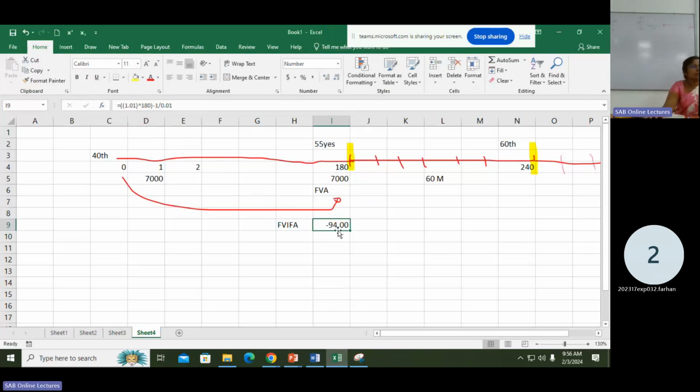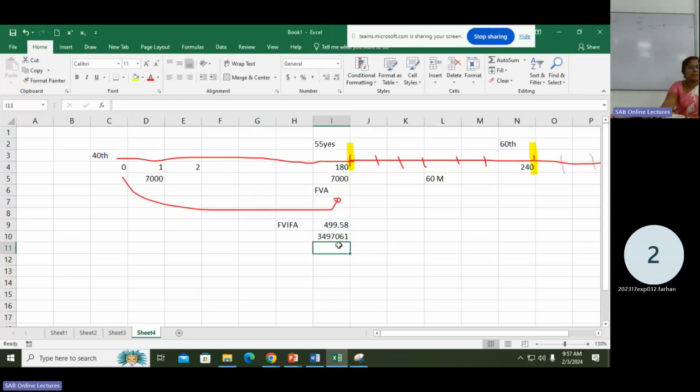The accumulated value here is equal to 499,058 times 7,000 monthly.